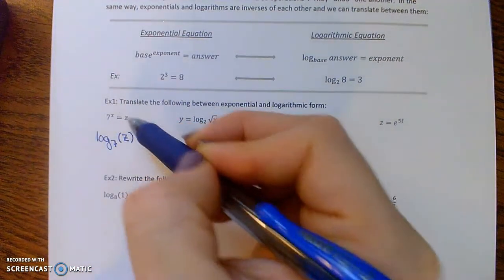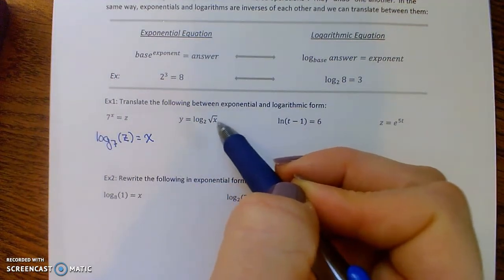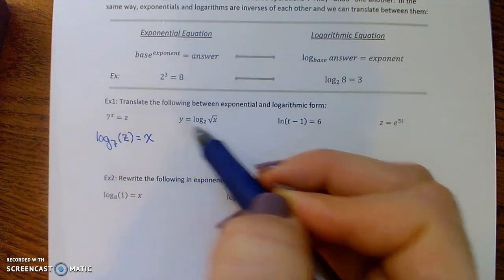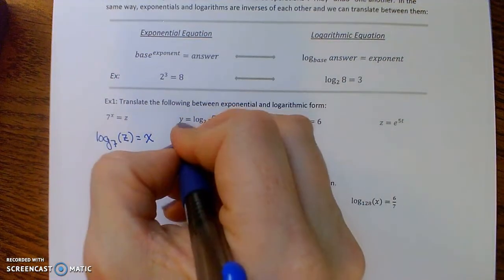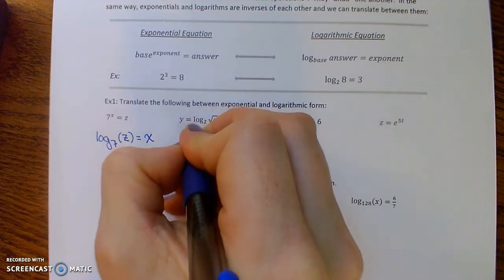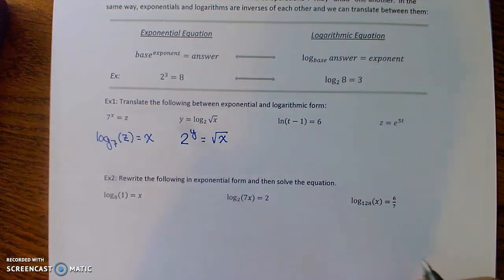These equations are equivalent. Same thing here: log base 2 of the square root of x equals y. So y is the exponent, the base is 2, and the square root of x is the answer. Let's rewrite this as an exponential: base 2 to the power y should be equal to the answer, square root of x.